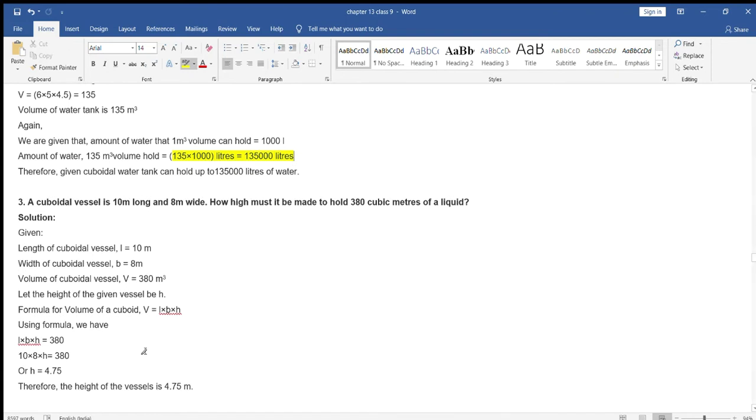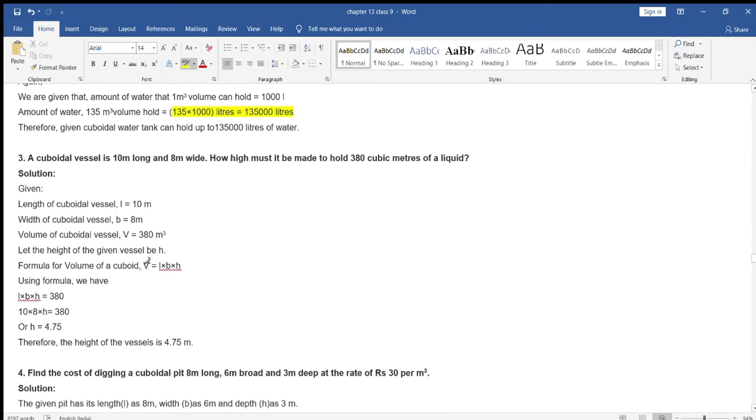The third question is a cuboidal vessel. The dimensions given are 10 meters long, 8 meters wide. The question is, how high must it be made to hold 180 cubic meters of liquid? Here the volume is given, length is given, and width is given. What is unknown? Height.